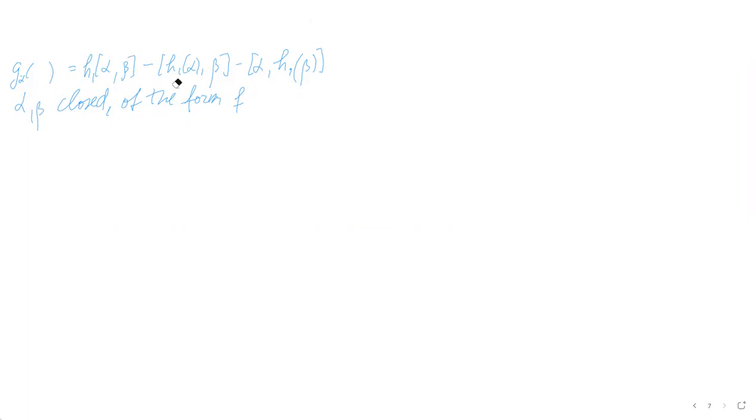Not here, not of the form, but something like this. If you take F of alpha, F of beta, alpha beta closed, then you have this identity, plus commutator of the form, sorry, plus D.